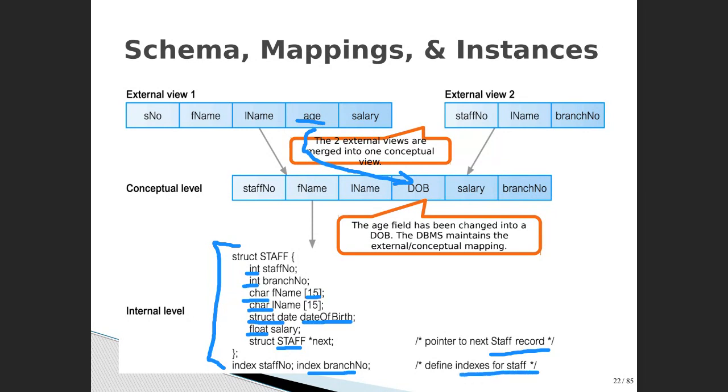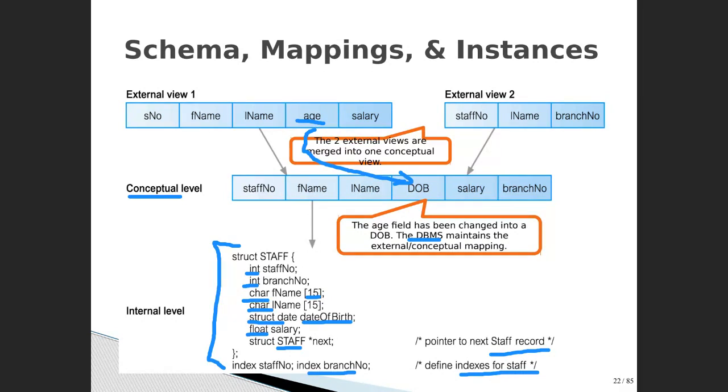So this is an example of the internal schema mapped with the conceptual level. So here, how can we map these to this? It's exactly the same, but in a different view, right? And the database management system will ensure mapping between these 3 levels. Got the point? Is it clear?